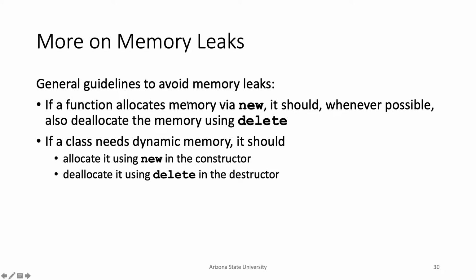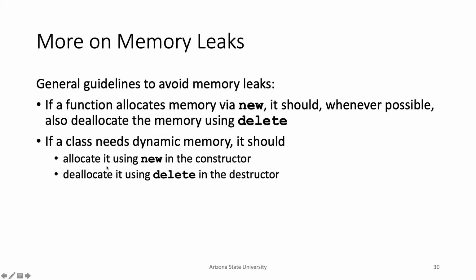So about memory leaks, if you use a new, you have to use a corresponding delete. If I allocate two variables on the heap, both of them with new, I have to delete both of them, okay? So here's the really interesting bit, this second bullet point.